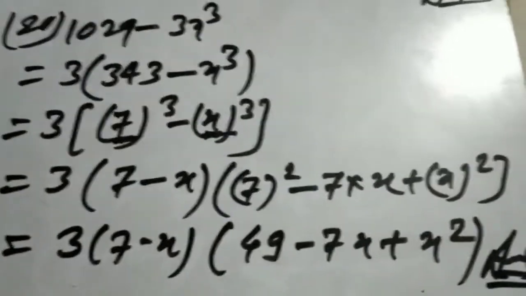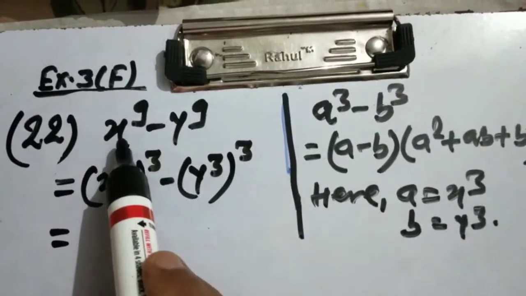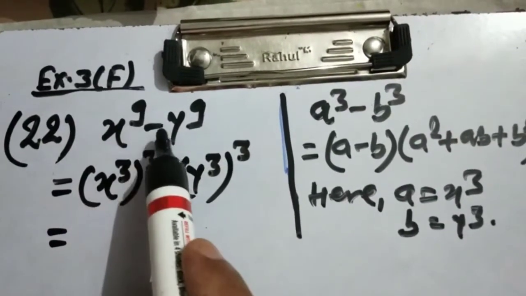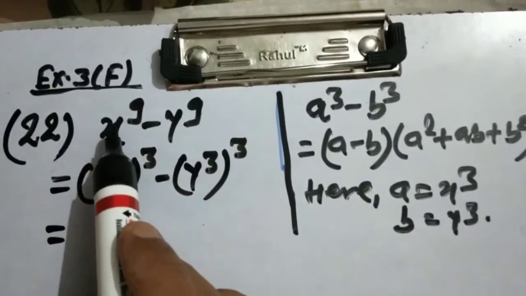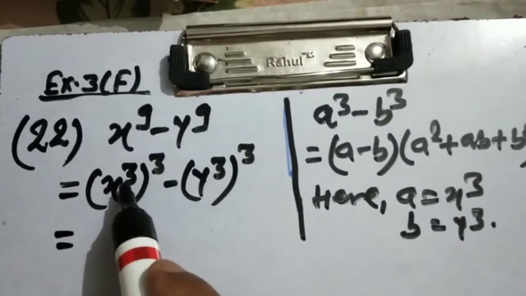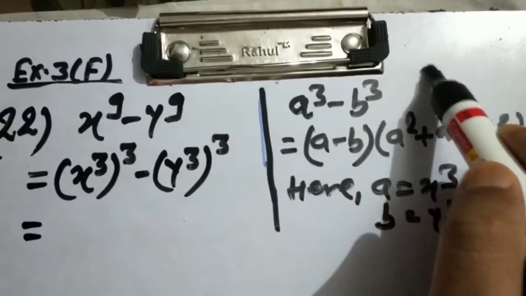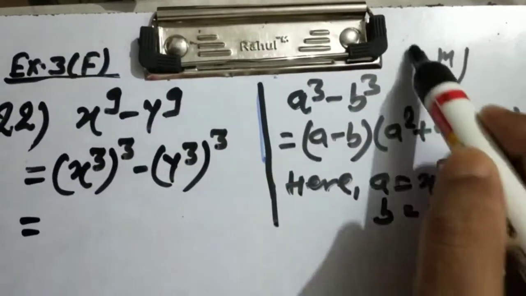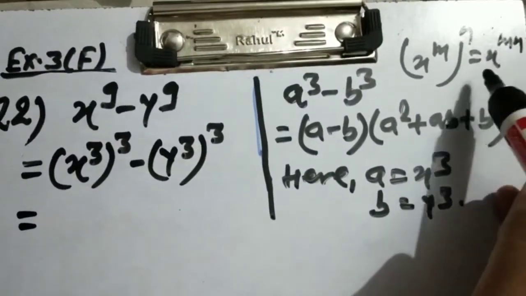Okay. Let us see question number 22. You have to factorize x to the power 9 minus y to the power 9. So x to the power 9 can be written as x to the power 3 and then whole power 3. As you know that x to the power m, the whole power n will be equal to x to the power mn.